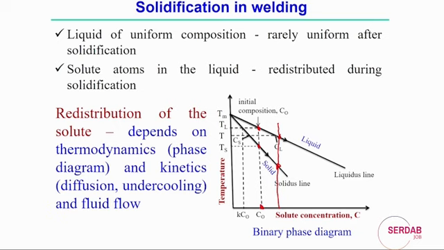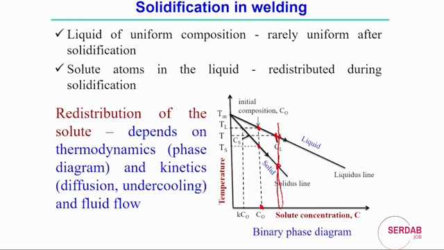So, in between, this represents the liquid content. With respect to any temperature, if we draw a horizontal line, it crosses the liquidus and solidus lines. The liquidus point represents the liquid content, and the point on the solidus line represents the solid content.